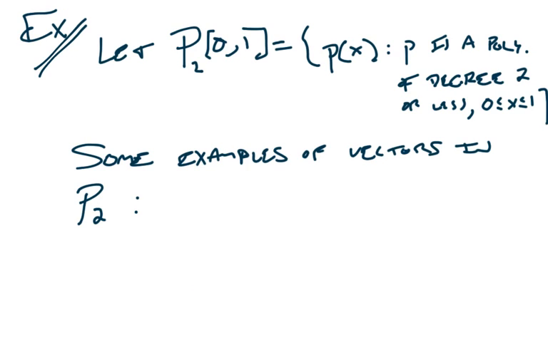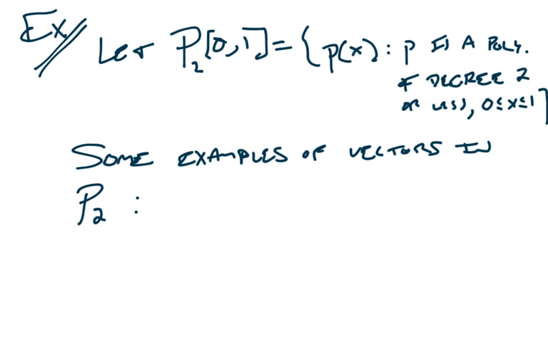So the next thing I want to talk about is the first sort of exotic example of a vector space. We've really only looked at R2, R3, standard sort of spaces that you can just visualize.